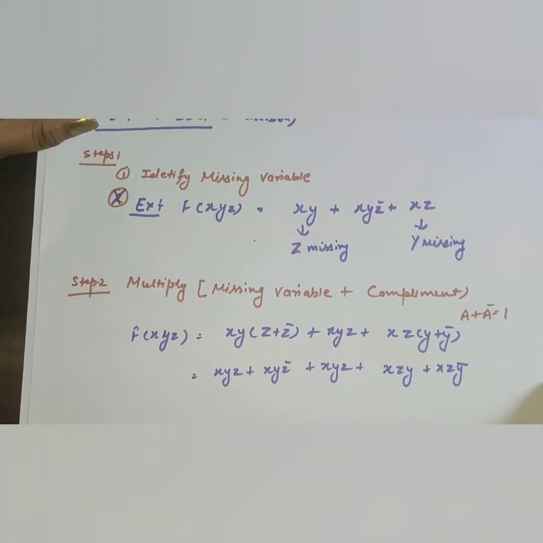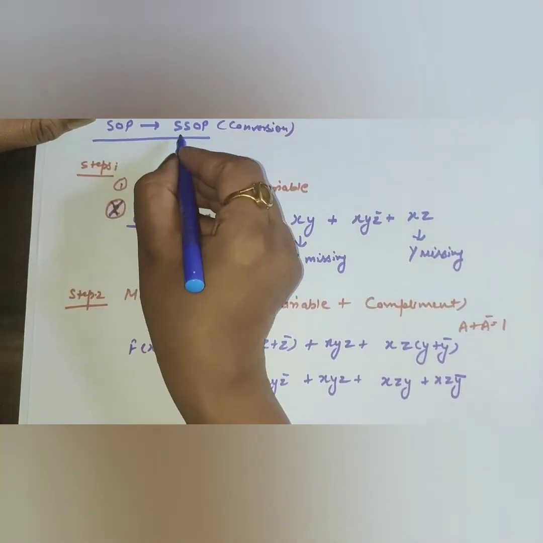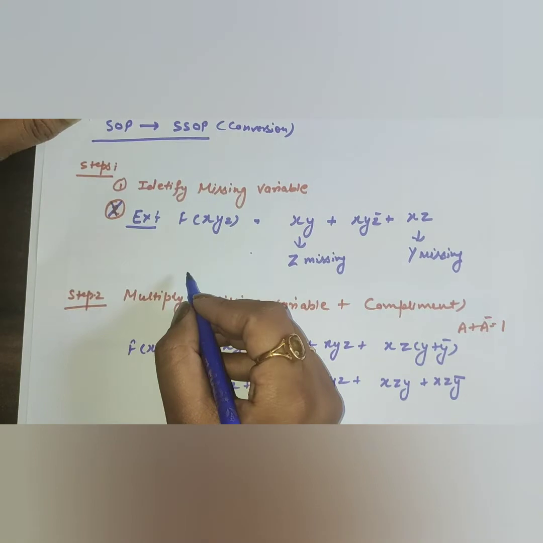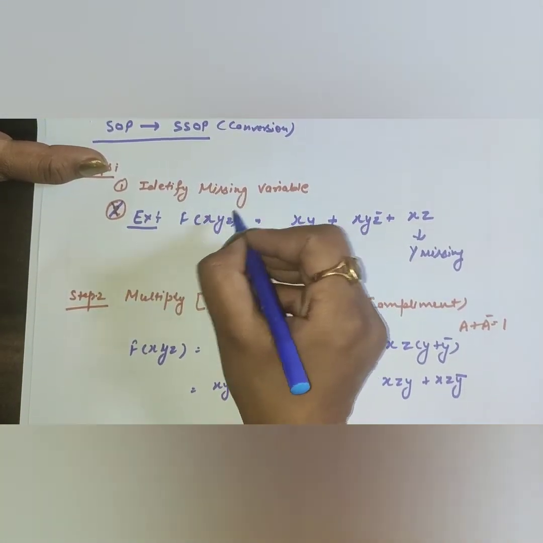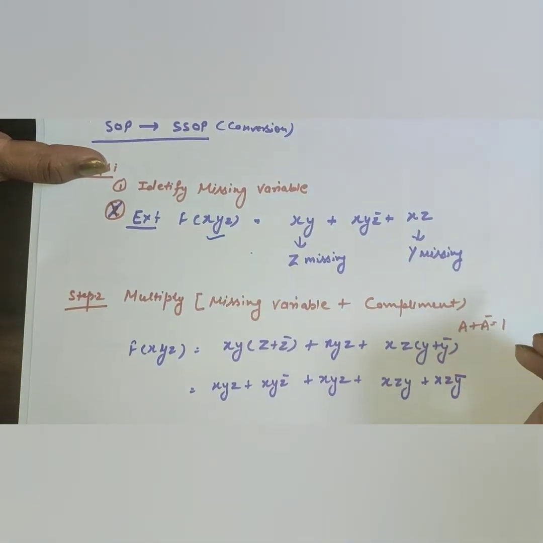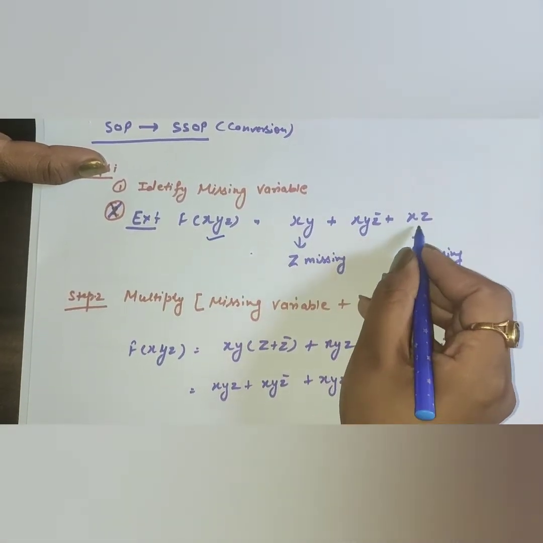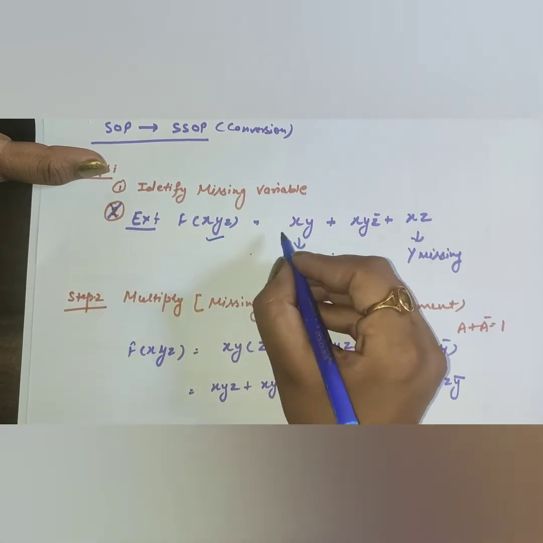This is SOP, sum of product, to standard SOP form. There are some rules or steps. First step, we have to identify the missing variable. Let's suppose there is a three variable function: x y plus x y z bar plus x z. We have to identify the missing variable.